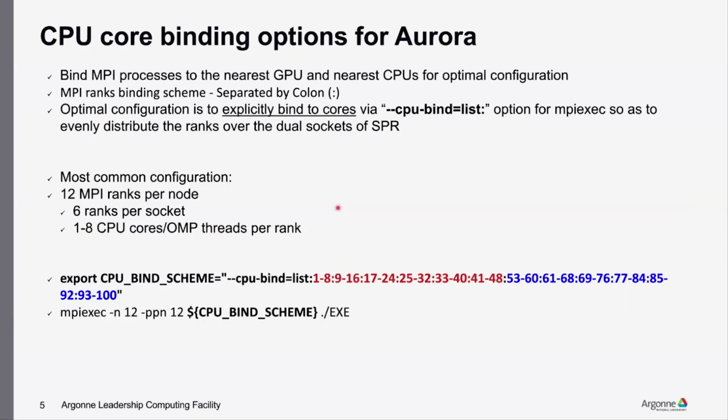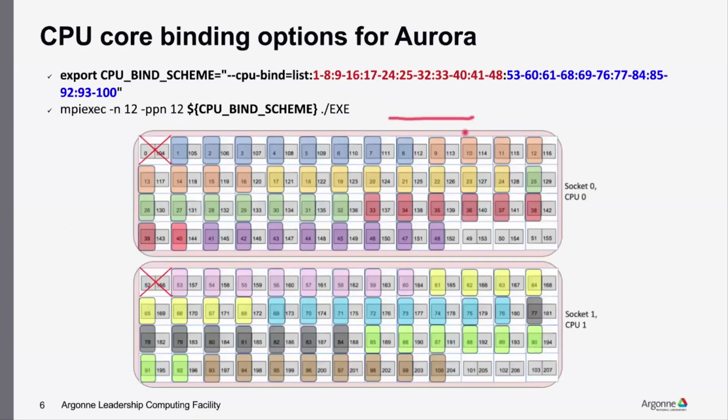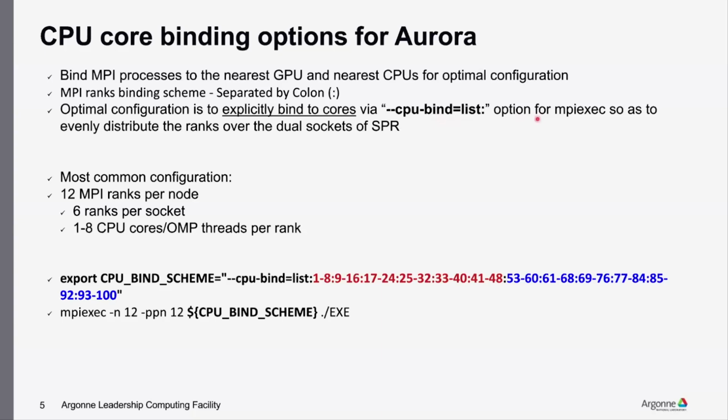So how do you do this? How do you bind your processes to the cores? In order to do this, we use MPICH to launch the processes on the node. There's a command line argument, cpu-bind list, and this allows you to explicitly bind the ranks to the various cores.